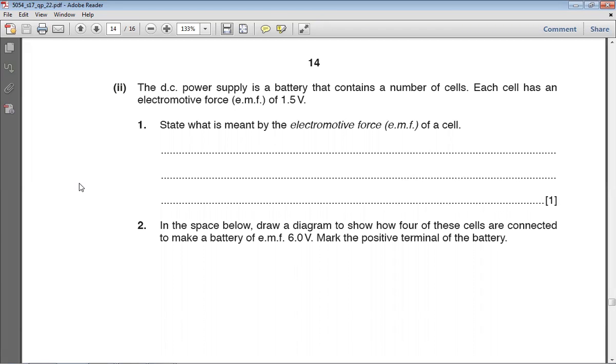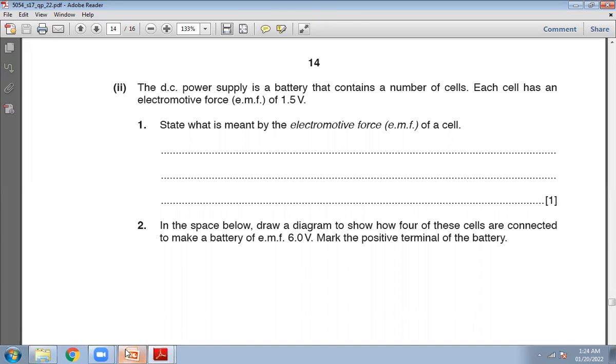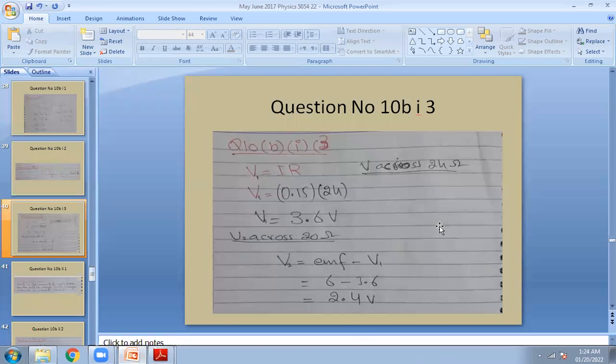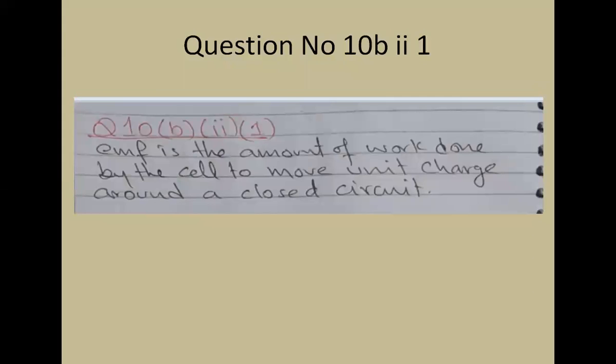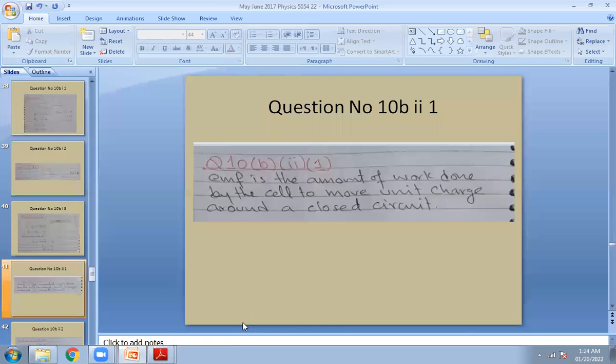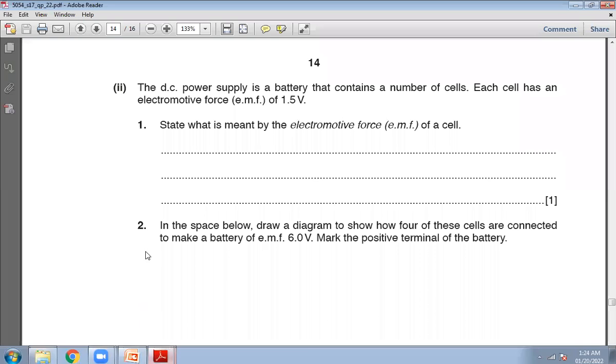So that is the definition. It's a 1-mark question. So let me show you the marking scheme, I mean the written answer which I have written. EMF is the amount of work done by the cell or by the battery to move the unit charge around a closed circuit. So that is the definition. Okay, so let's go to the next question.